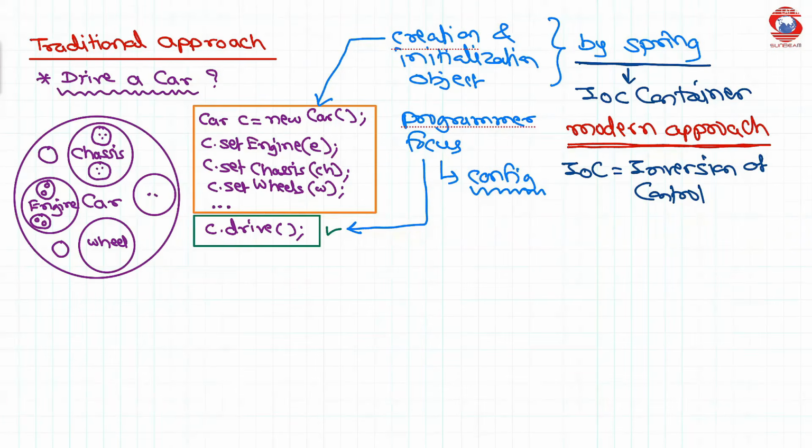Coming back, what I was talking about was a modern approach, and this modern approach is nothing but the inversion of control. So you understood that. Why do we call it a container? What is the container word here? Probably if you are new to Java, you come across the word container for the first time.